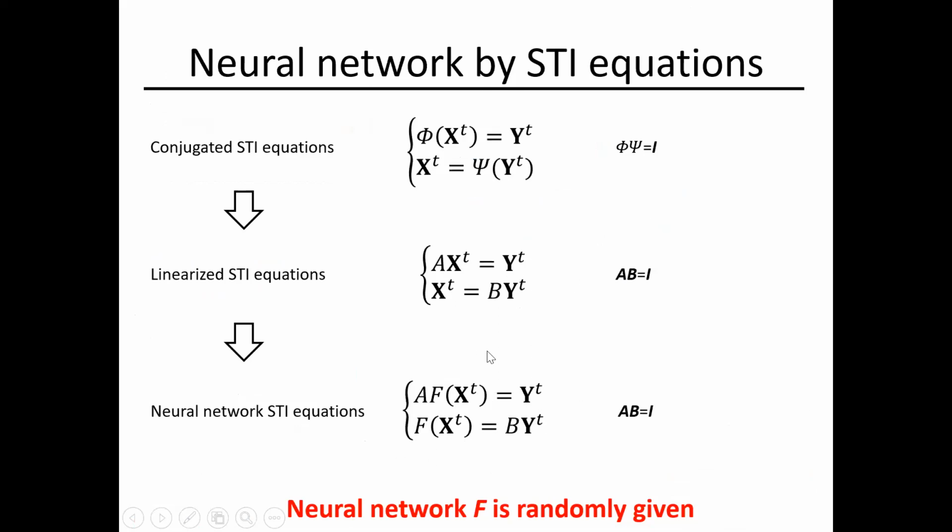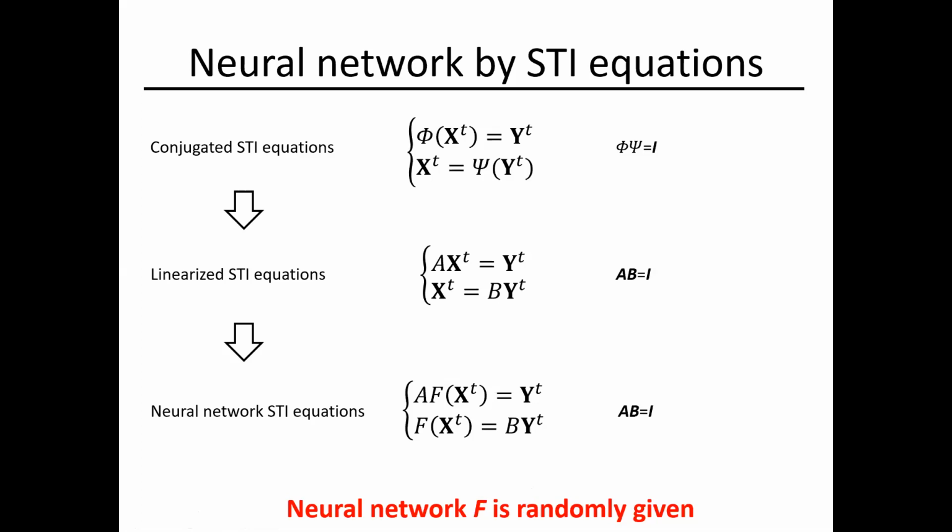Luonan, I have a quick question. For all these random neural networks, do you find a single A, or the best? I will show you later. With the randomly given network, A and B change a little bit; they depend on the neural network.